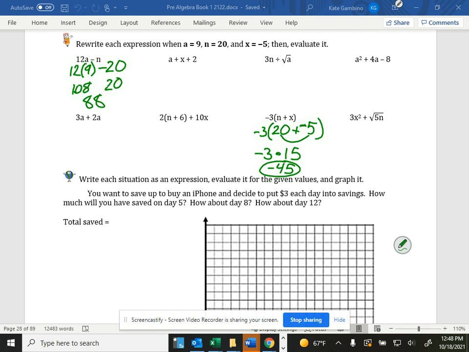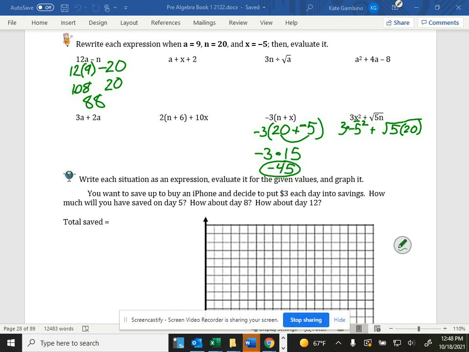Here, if we're going to square, we have x squared. So that would be -5 squared. 3 times -5 squared plus the square root of 5 times 20. So if it's -5 squared, what would that be? What sign is there?